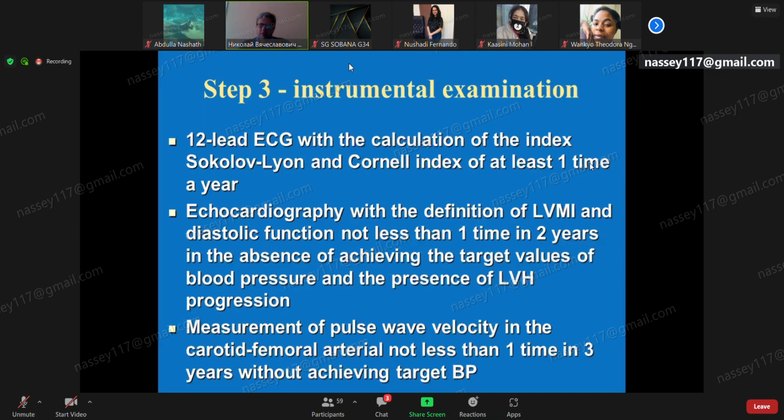Also, we should prescribe measurement of pulse wave velocity in the carotid femoral arterial segment not less than 1 time in 3 years without achieving target blood pressure.